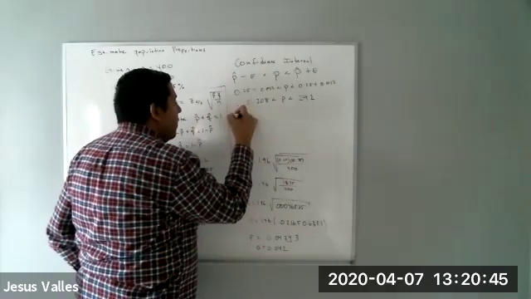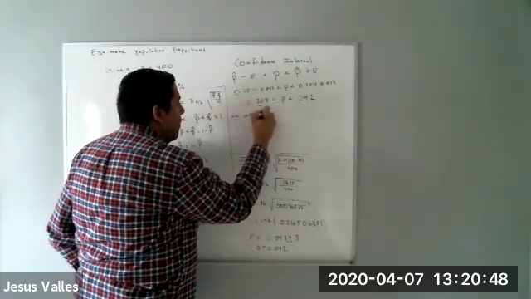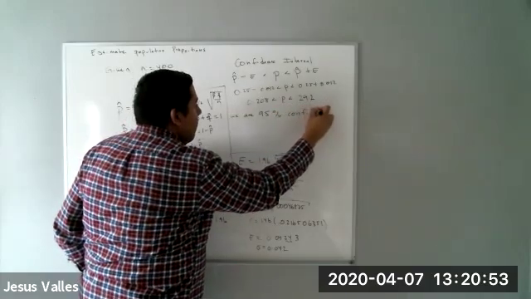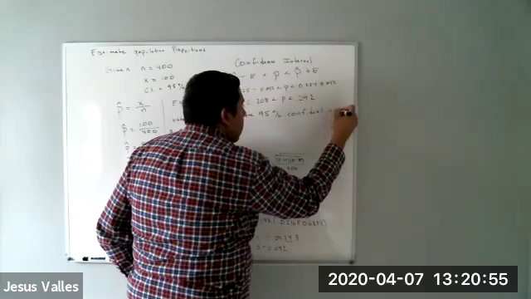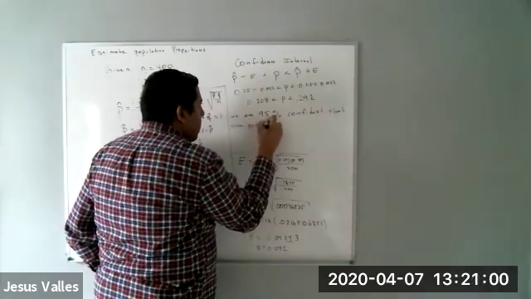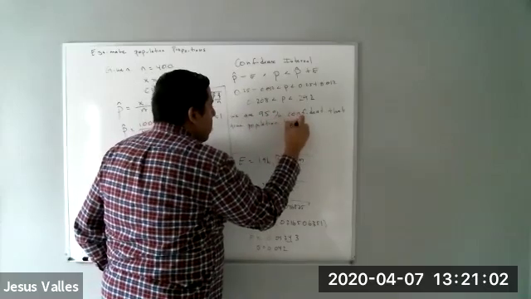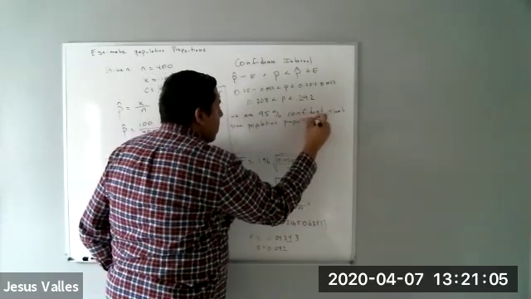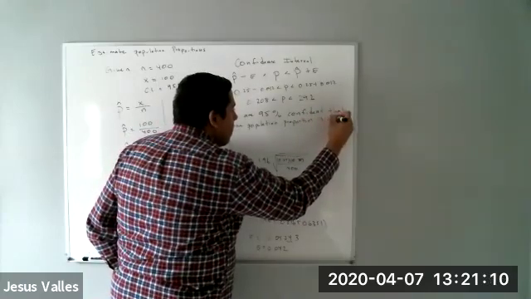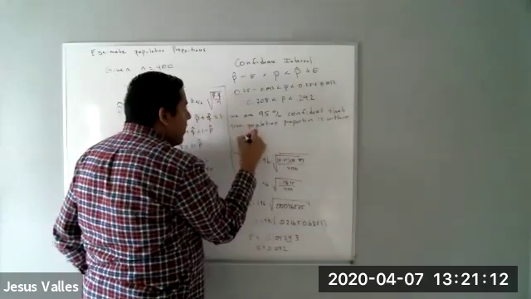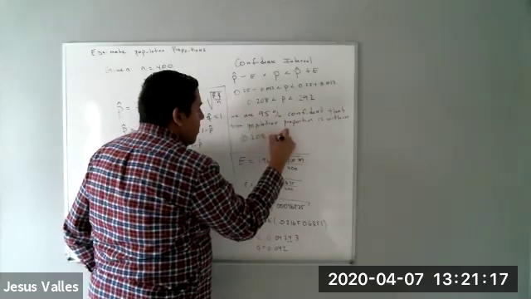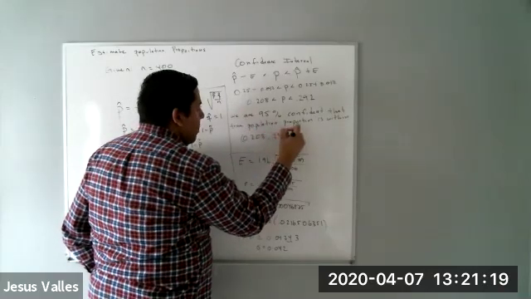So we could conclude, with 95% confidence, that the true population proportion is within 0.208 to 0.292.